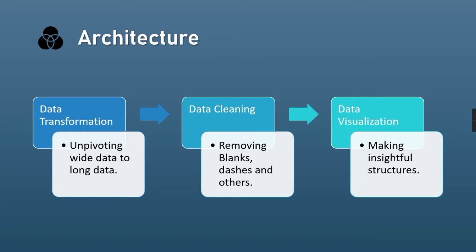So we will first unpivot it and convert it to long form. Then the cleaning process, where we remove all the blanks, dashes and null values. Then the visualization part, where we build the dashboard in Tableau.